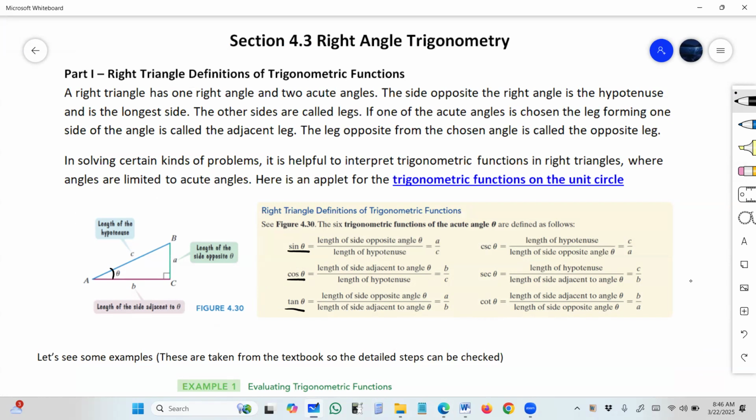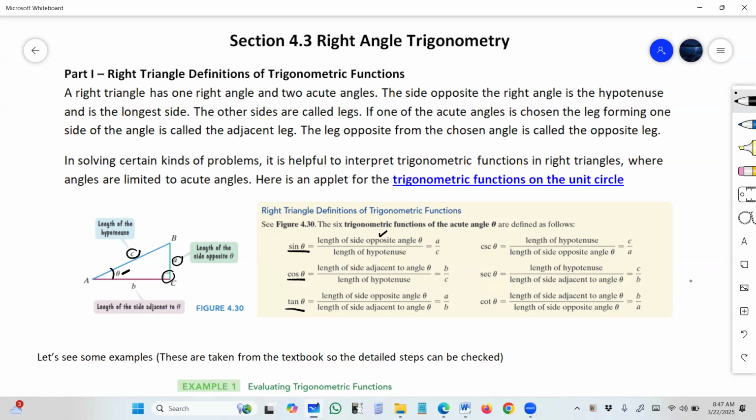Sine of this angle, so once you have a right triangle, a triangle that has 90 degrees, the sine of this angle is the opposite side of the triangle in relation to theta divided by the hypotenuse. So that is sine, right?